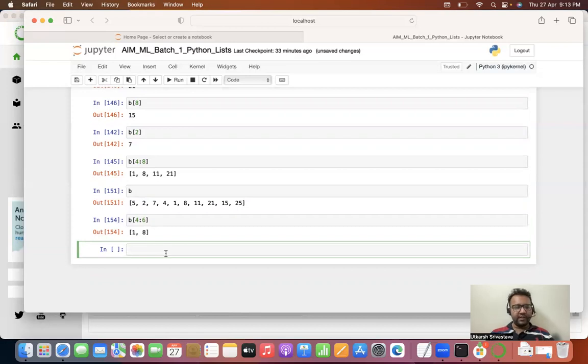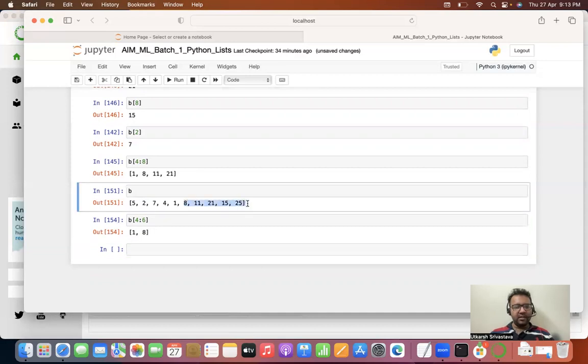Let's say we want to print from 8 till 25. This is what we want to print.